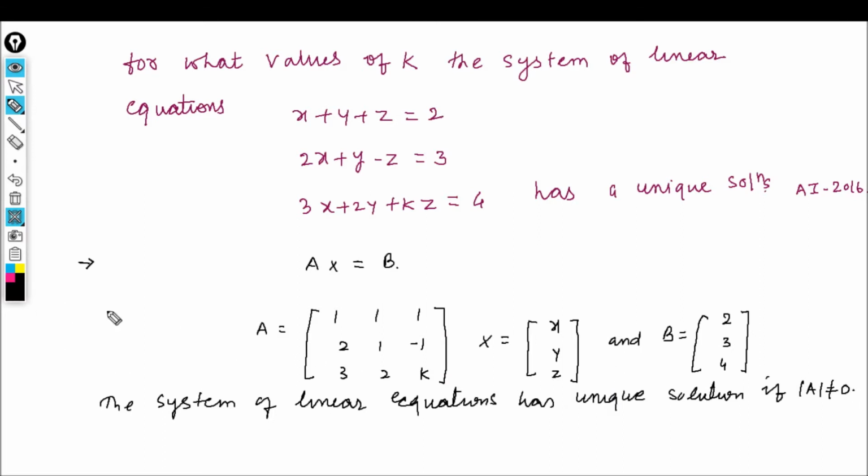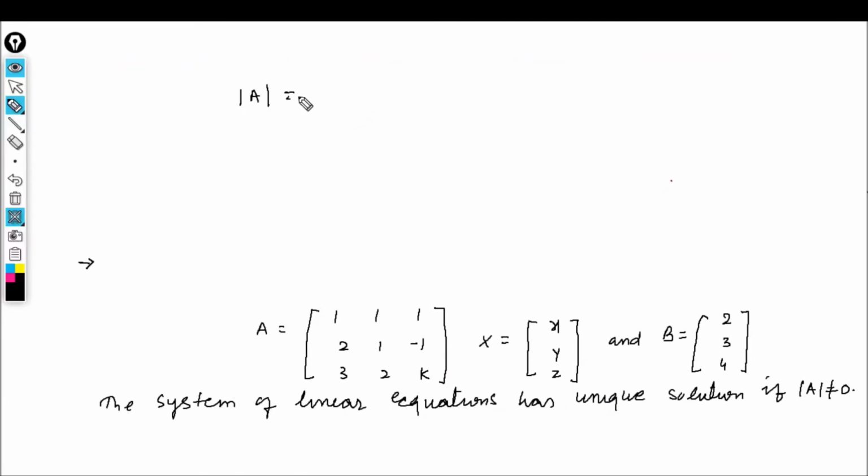So let us take this condition. Determinant of A is equal to the determinant of [[1, 1, 1], [2, 1, -1], [3, 2, k]].